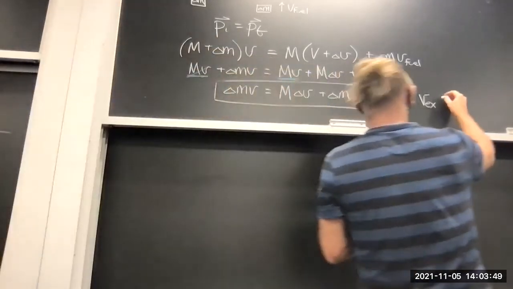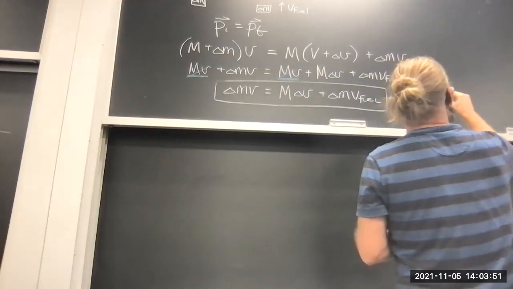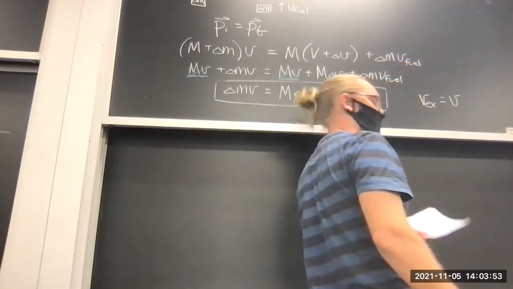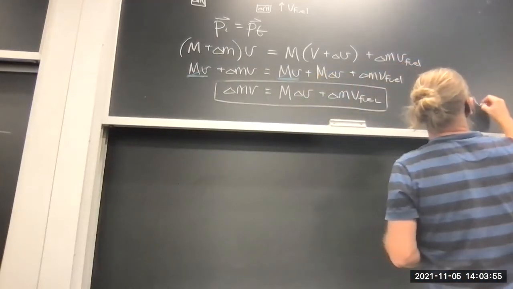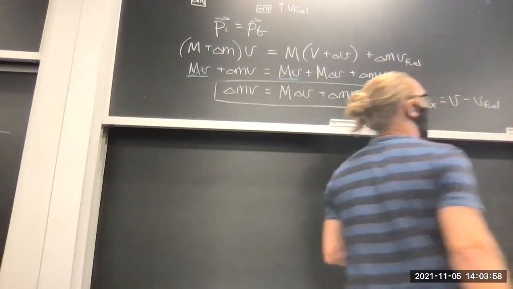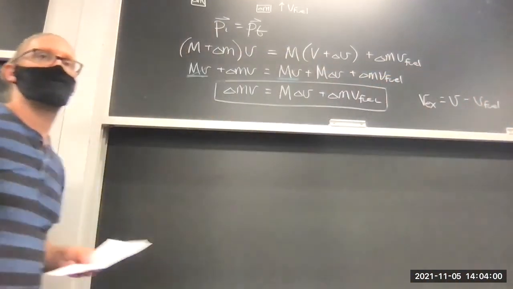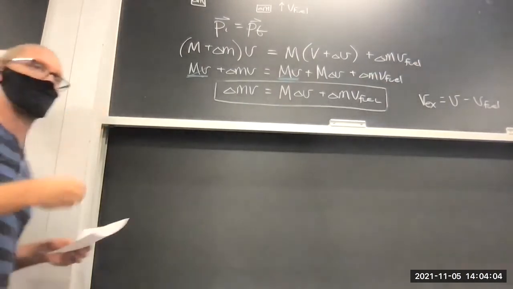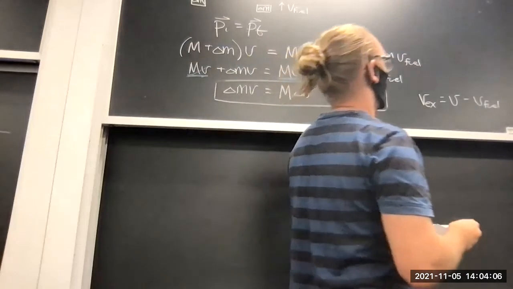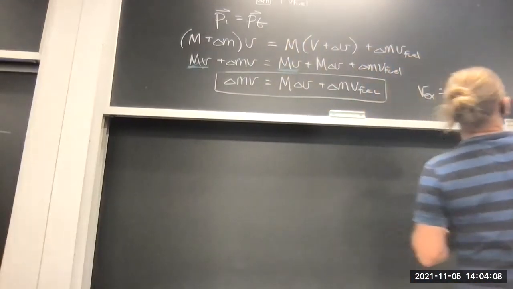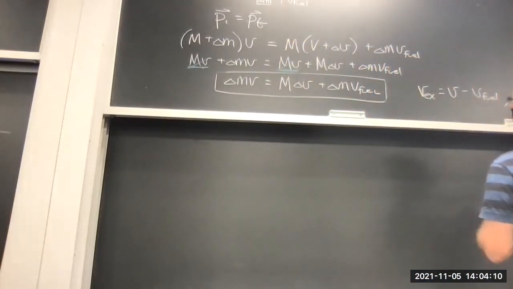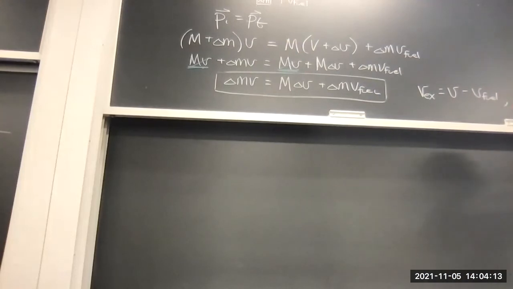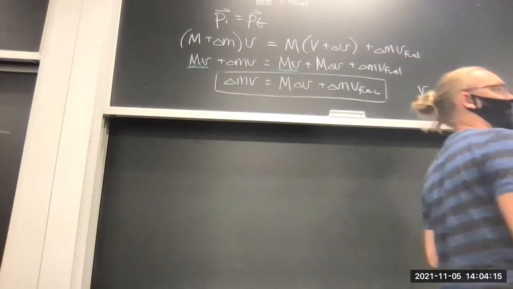So that is defined as the initial velocity, or the velocity of the rocket, minus our fuel velocity. Or again, the speed that the exhaust has with respect to the rocket. Or we could rearrange this so that we can rewrite our fuel velocity as v minus this relative velocity.